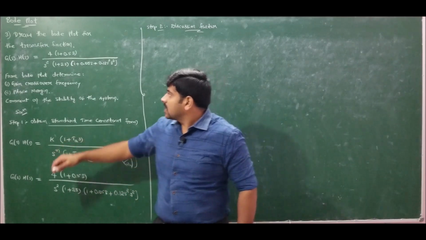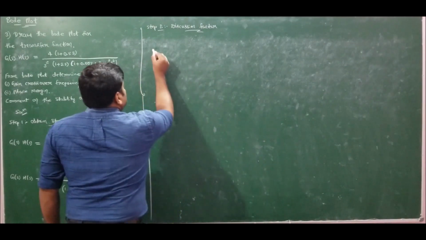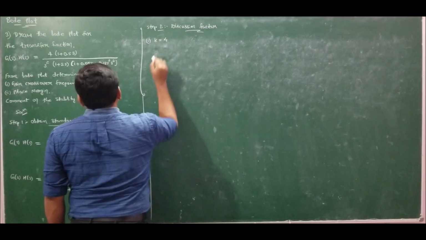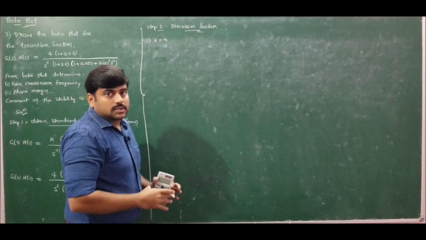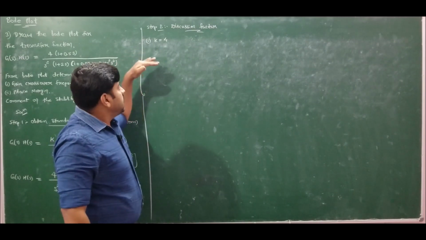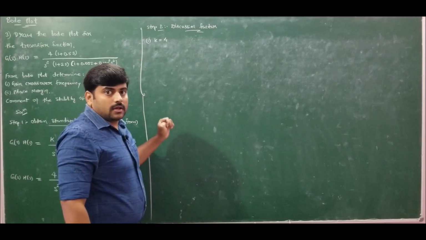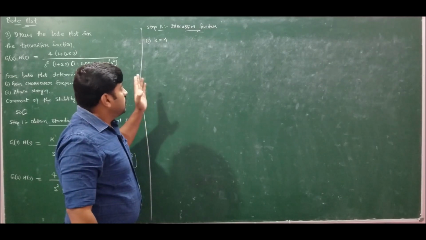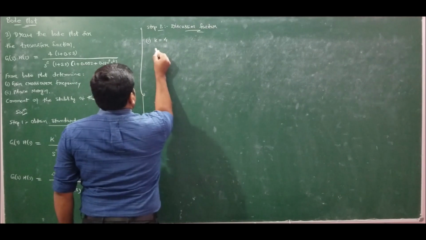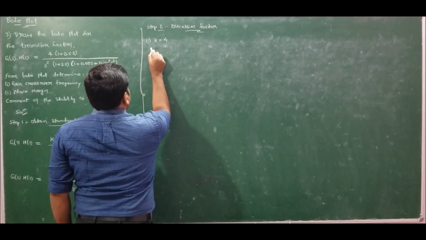Let us first take the constant term K. The constant term K is equal to 4. Correct? So given K is equal to 4, what is the magnitude of this? This is a straight line at 0 degrees plotted at a magnitude of 20 log10 K, that is 20 log10 4.